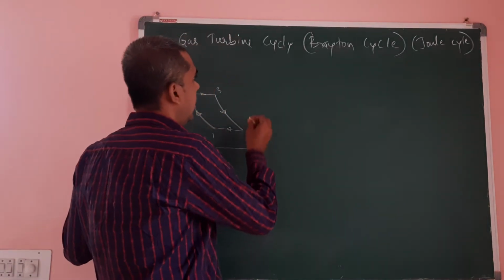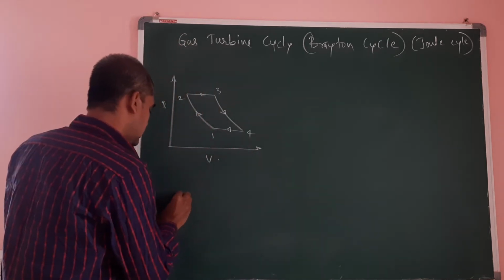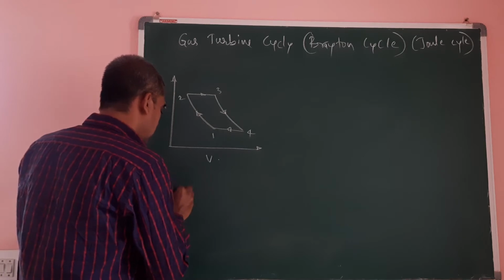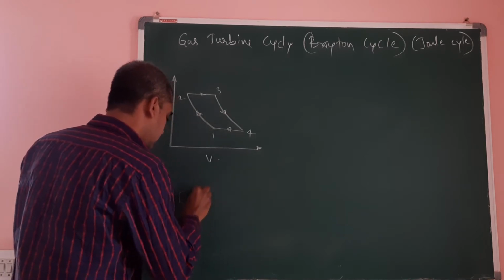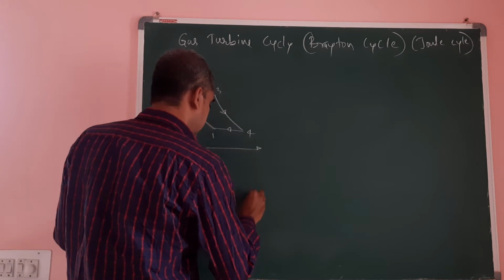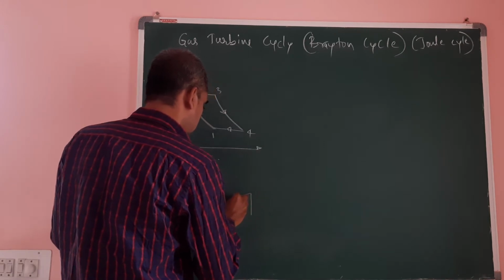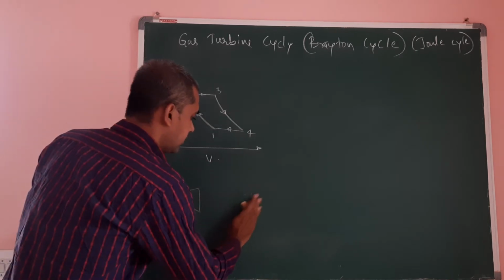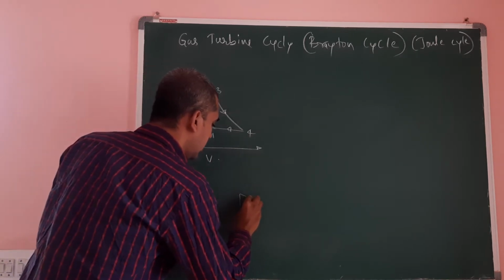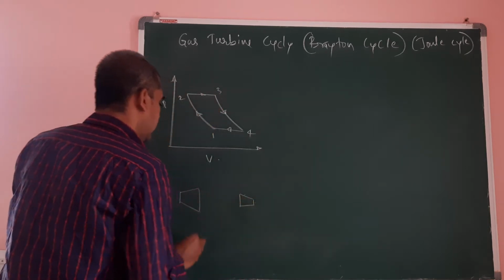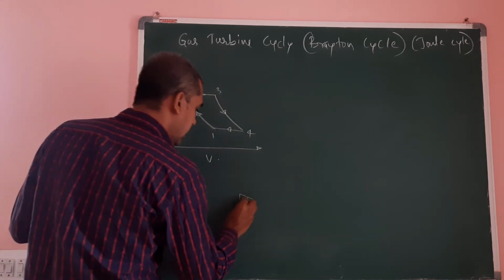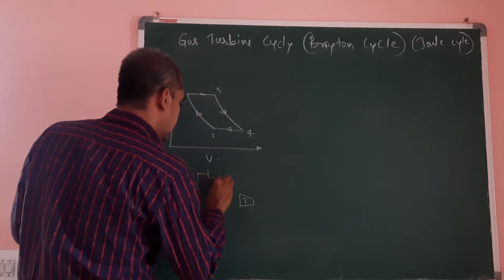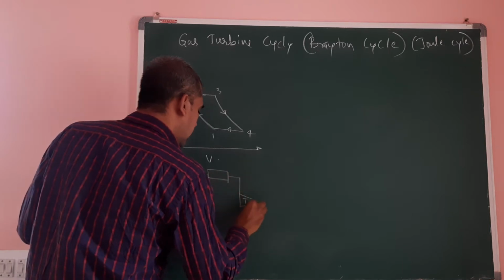If we take a Brayton cycle, it will be like this. There will be a compressor and a turbine, and whatever gas is there is heated and circulates between the turbine and the compressor.